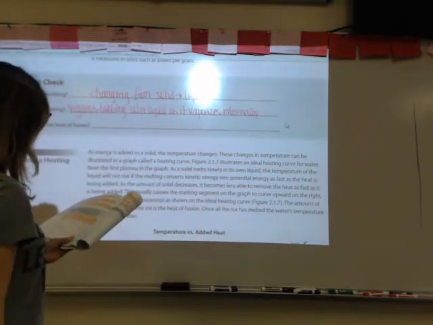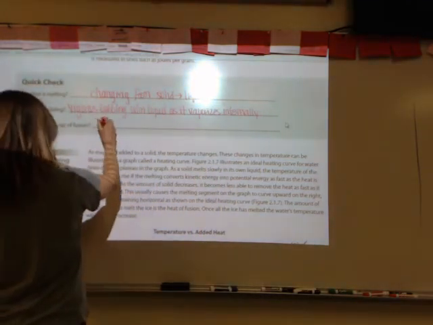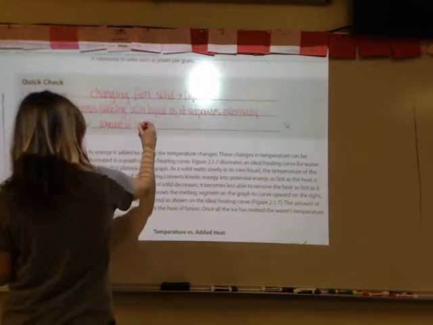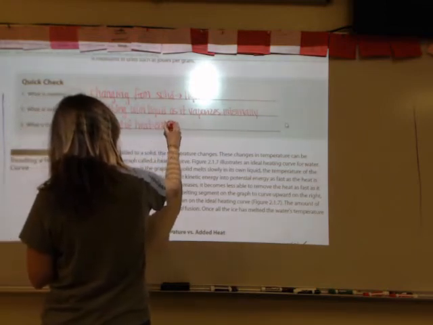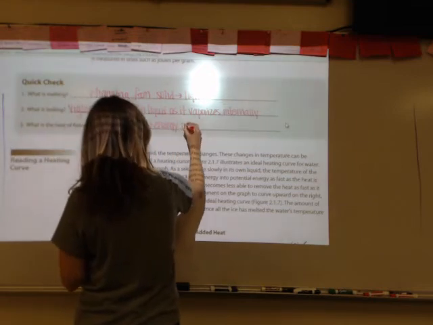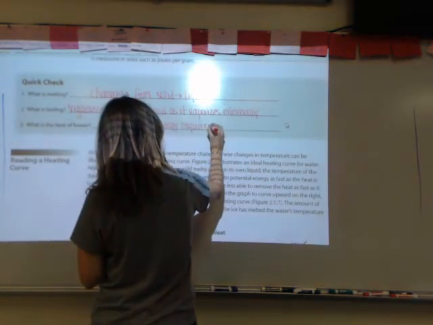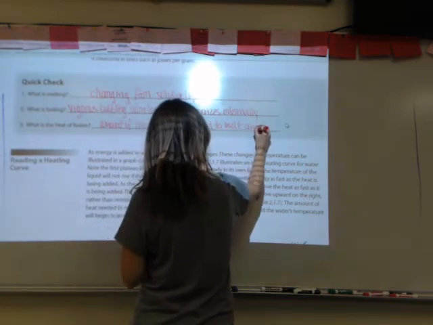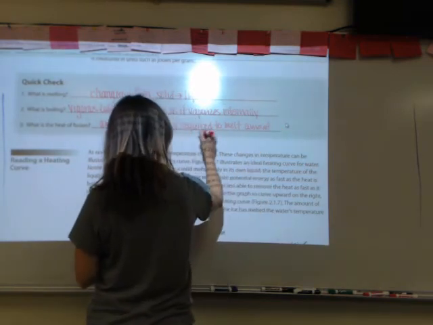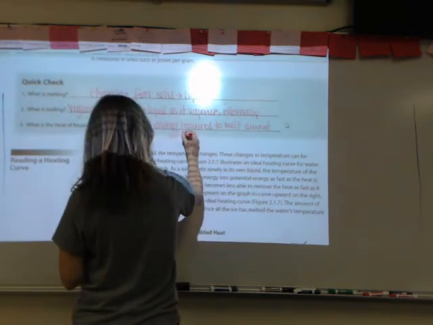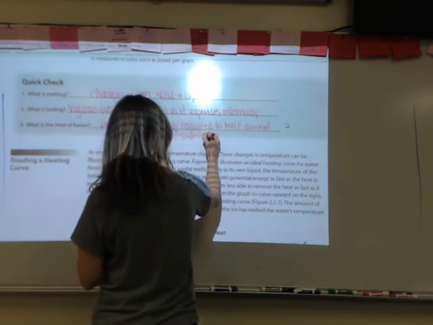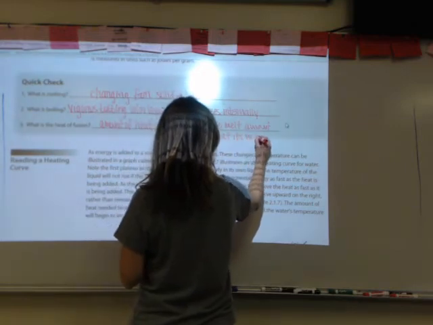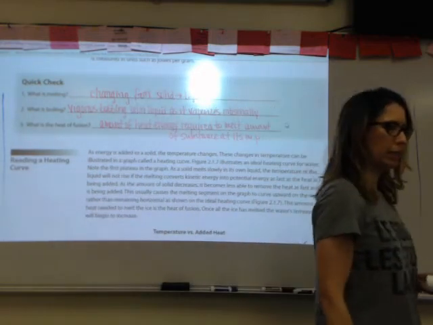Number 3, what is the heat of fusion? This is the amount of heat energy required to melt a specific amount of substance at its melting point. I'm abbreviating melting point MP.